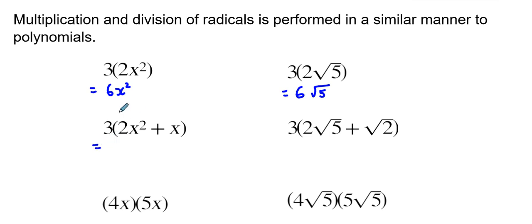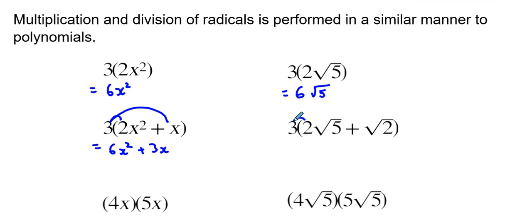In this scenario, we would distribute this 3, and it would multiply both of the coefficients. And again, when there's no number there, the coefficient is 1. So this would be 6x squared, just like it was above, and then you'd have an additional 3x. And again, those cannot be added because they are not like terms. So let's look over here.